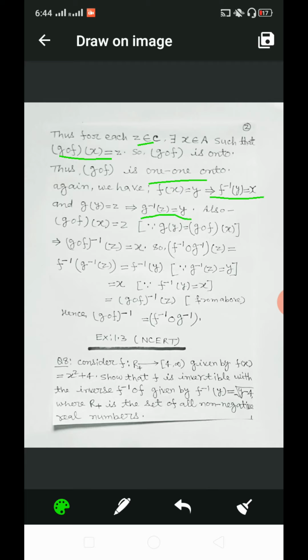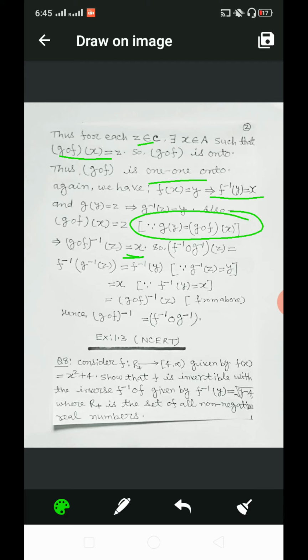Now, g of f of x is equal to z. Why? Since g(y) is equal to g of f of x, and this implies that the inverse of g of f of z is equal to x.